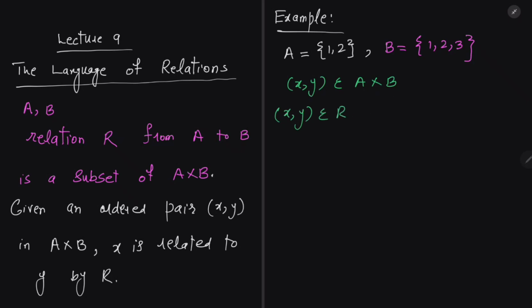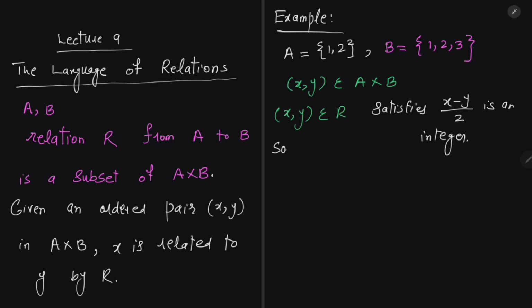A cross B is the bigger set, and R is the smaller set, or a subset. It can be equal to A cross B, but it is a subset. And the pair x, y belongs to R only when x minus y divided by 2 is an integer. This is the question that has been asked.